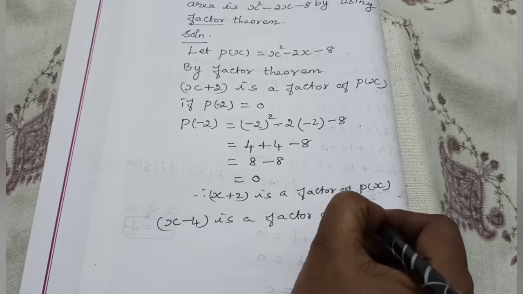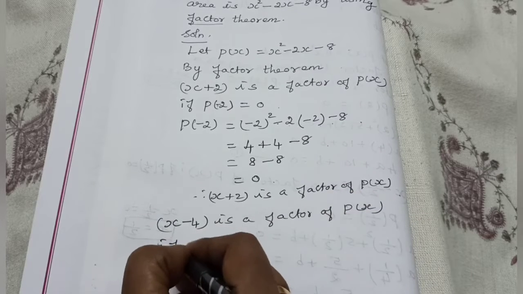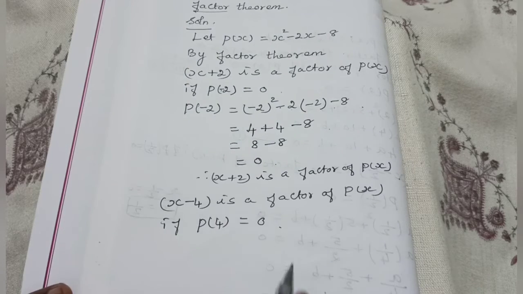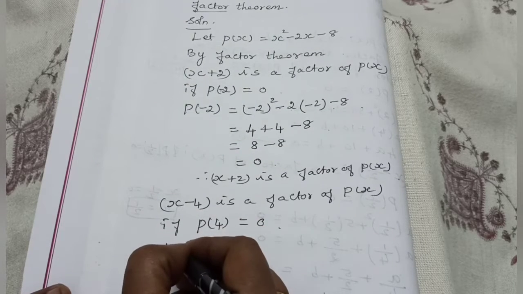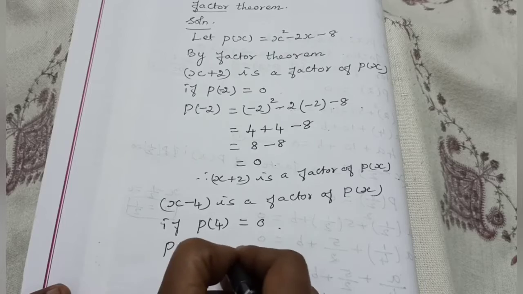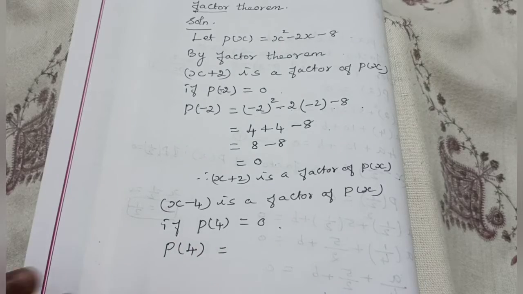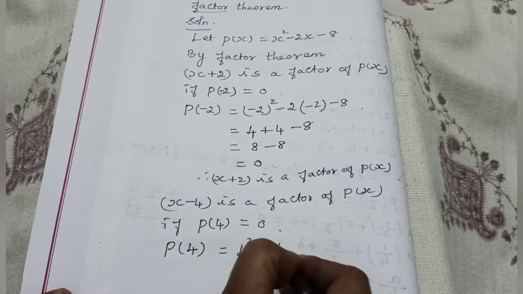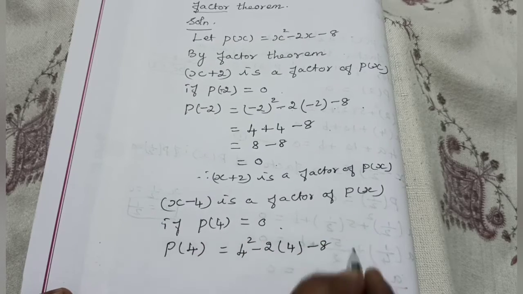p of x means if p of 4 is equal to what? 0. Okay, then p of 4, in place of x we have to substitute 4. Then 4 square minus 2 into 4 minus 8.